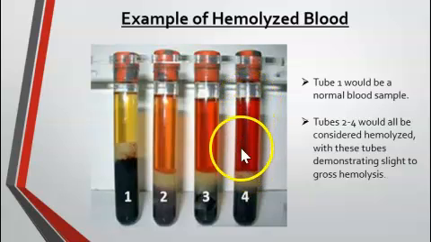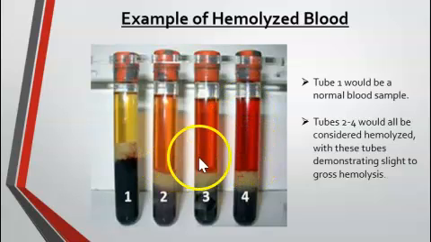See how dark red the serum is? This means a lot of red blood cells have lysed and released their contents. So there's a lot of contents from the red blood cells that have been released into the serum. So all these degrees of hemolysis can affect some test results.